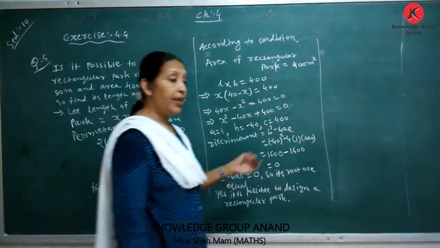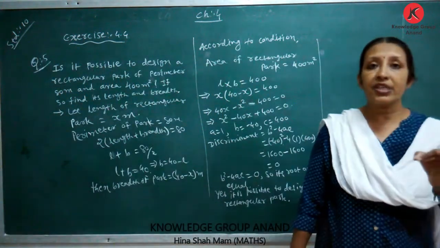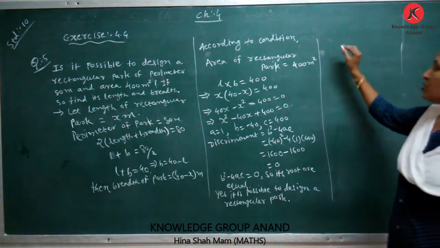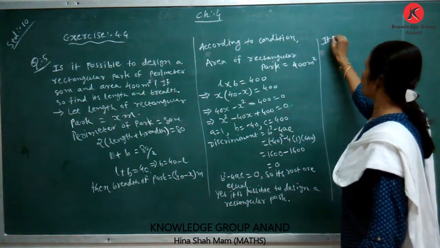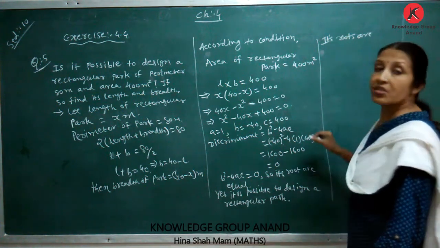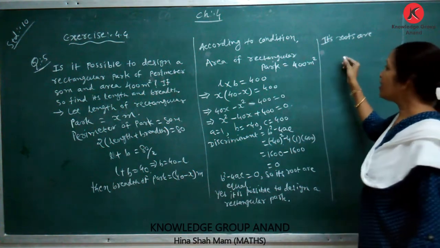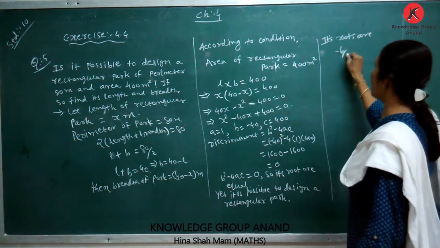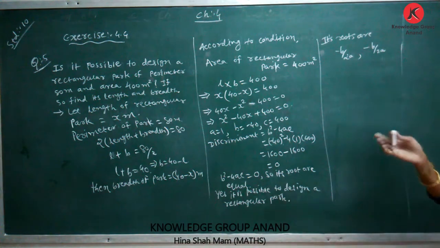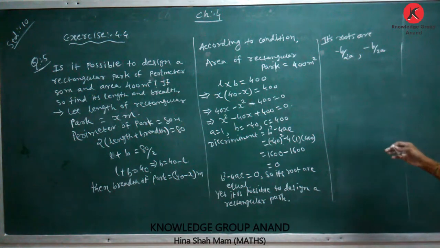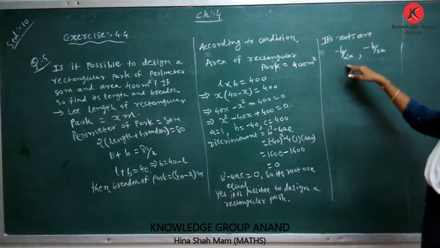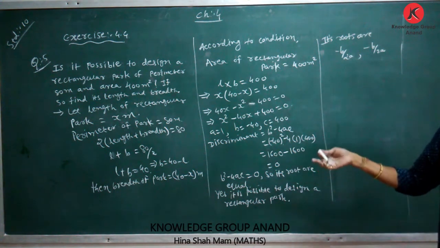Now we find, if the discriminant is equal to 0, then its roots are, what is its roots? Its roots are minus b upon 2a. We know here our formula minus b plus under root b square minus 4ac upon 2a, but under root b square minus 4ac is equal to 0, then it's short form minus b upon 2a, and both are equal.